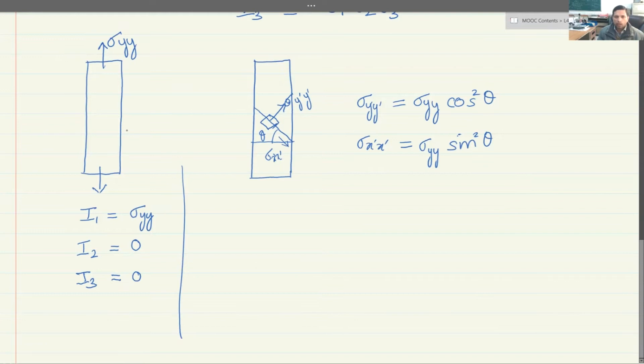Now we must get the same values for this oblique condition because it is representing the same element. The only difference is in orientation, and as we have said, invariants should remain unchanged when we change the orientation for the same point. Now coming to I1, I1 is equal to sigma x prime plus sigma y prime, and the third term would be sigma z prime, but that is 0.